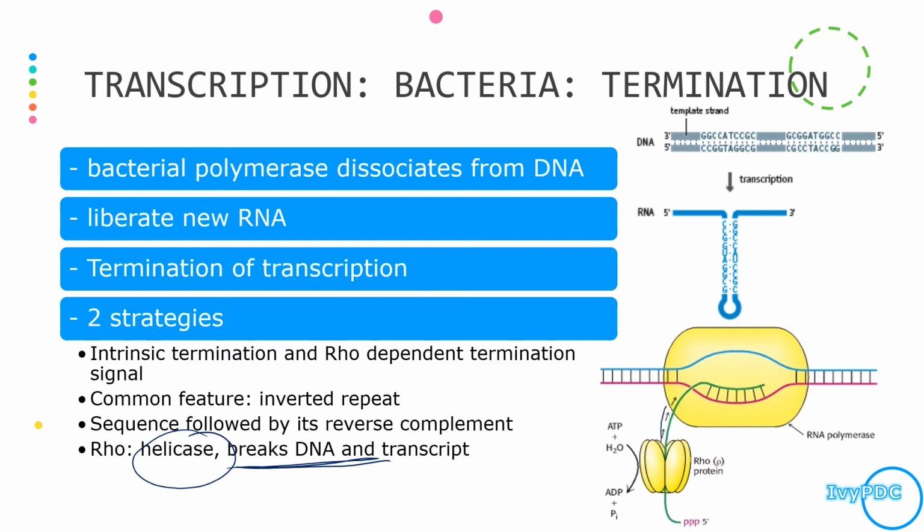So as it moves forward towards the RNA polymerase, it would break the DNA and the RNA transcript from each other, therefore releasing the transcript itself. And once the transcript is released, this would then signify that the termination process is complete.